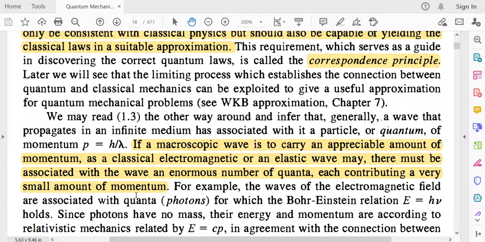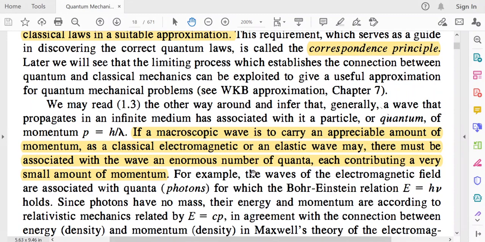The total momentum will be constructed by considering that the wave has an enormous number of quanta, or an enormous number of photons, and each is carrying a very small amount of momentum, so that ultimately we can have an appreciable amount of momentum. So to get an appreciable amount of momentum corresponding to a macroscopic wave, that wave should have an enormous number of quanta.